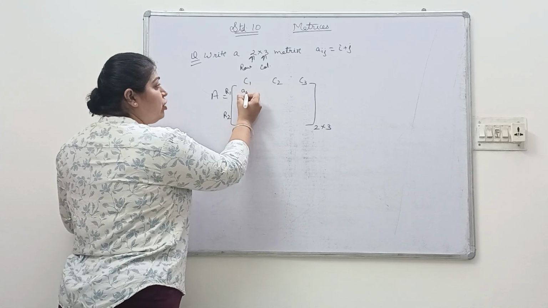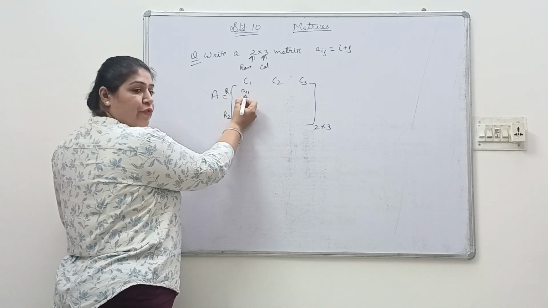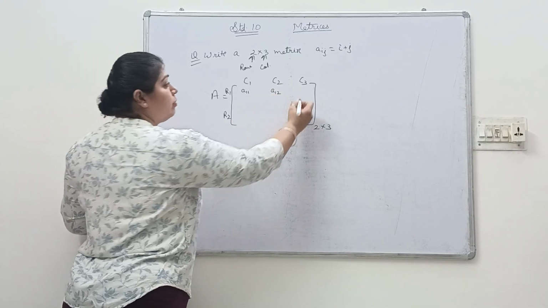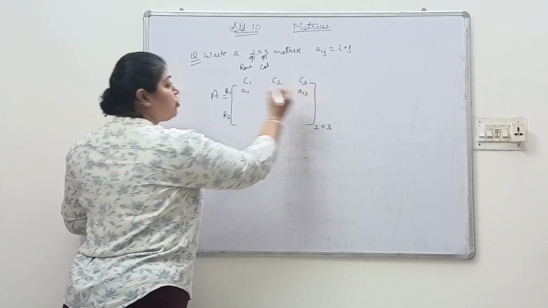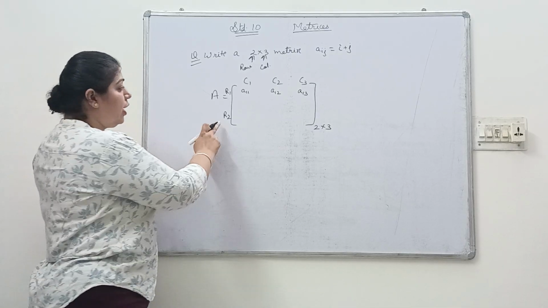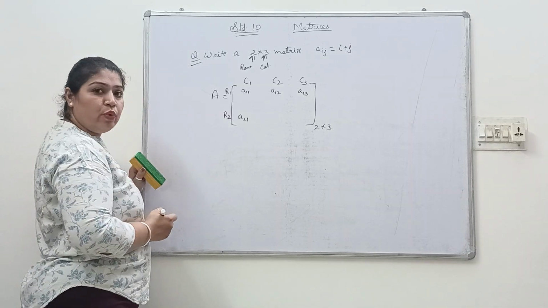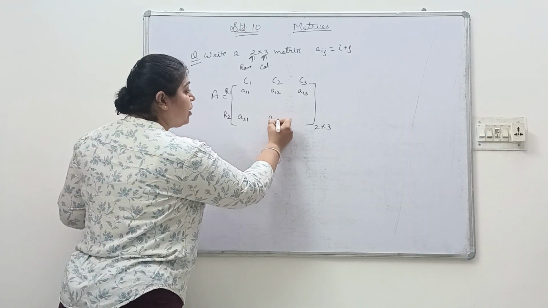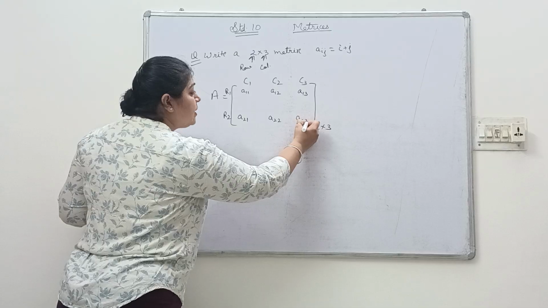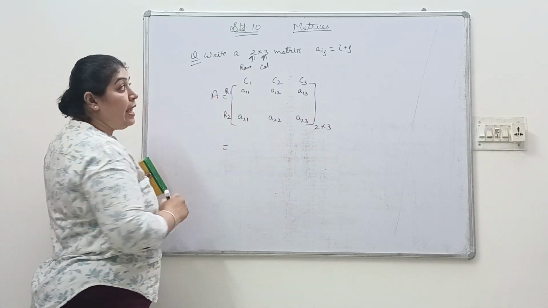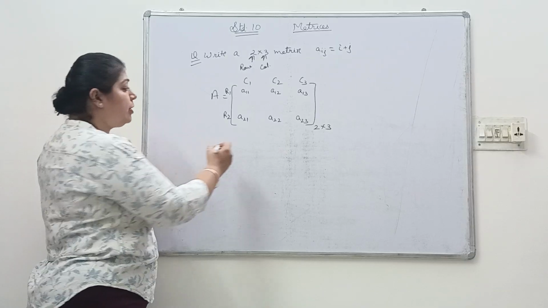Now this element should be first row, first column, first row, second column, and this element should be first row, third column. Again, move to row 2: second row, first column, second row, second column, and second row, third column. But it is given that Aij should be i plus j.